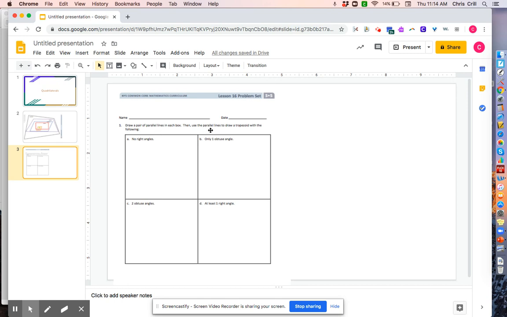Then use the parallel lines to draw a trapezoid with the following. So we need a trapezoid that has no right angles.